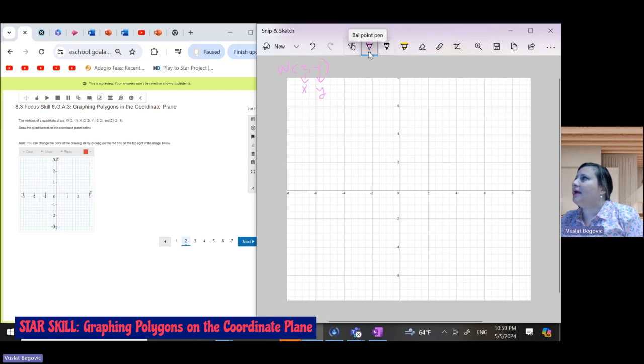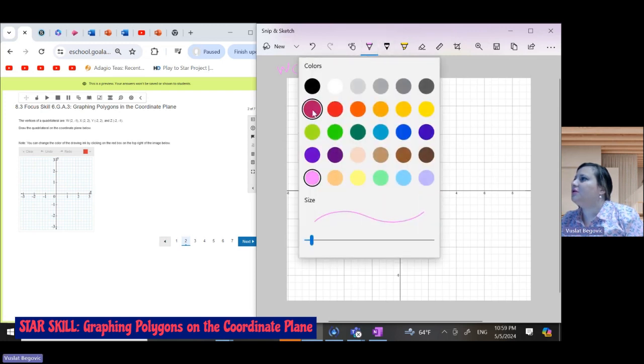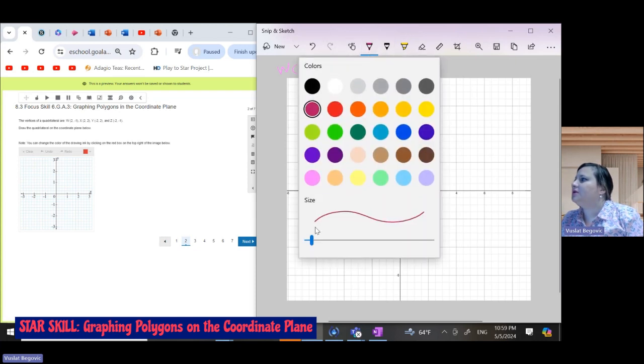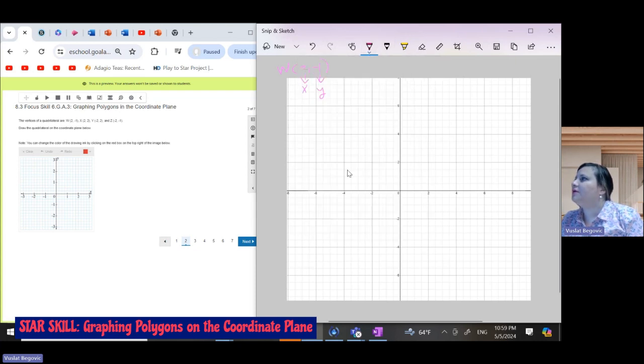Now I will change the color and make it a little bit thicker. Then I will find 2 on the x-axis, and then I will move to -1 on the y-axis. So -1 is in here.